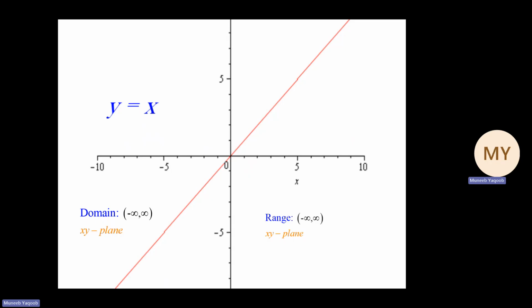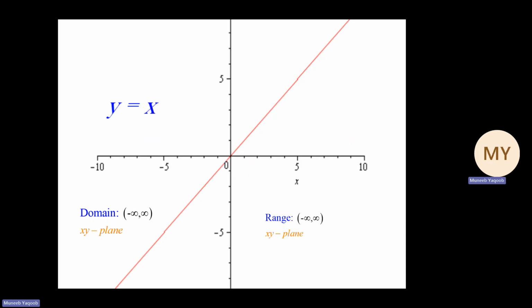Therefore, we can put x from minus infinity to infinity, where both minus infinity and plus infinity are not inclusive because infinity is not a defined number. Hence this line y equals x has a domain of minus infinity to infinity, but both minus infinity and infinity are not included.